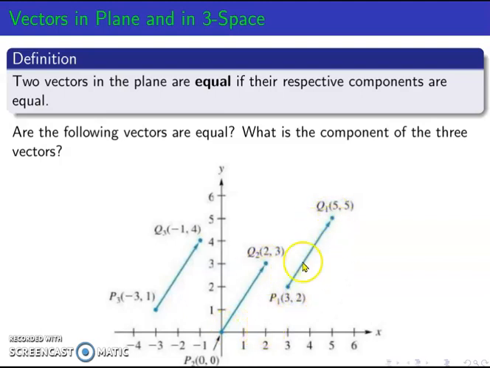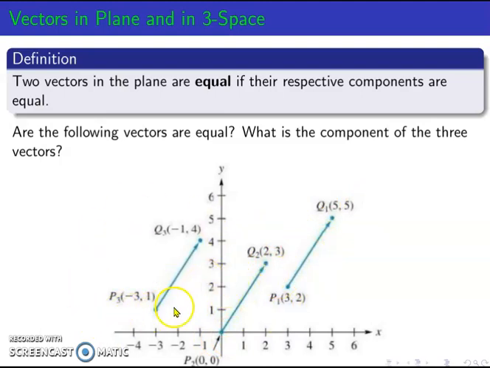For this vector, the x component is 2 units, and the y component is the length of this one, which is 5 minus 2, so 3. So 2, 3. These two have the same components.